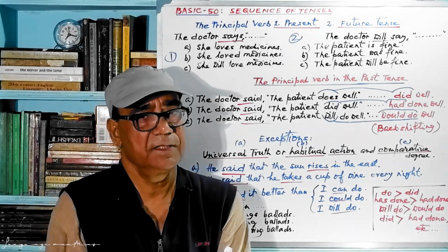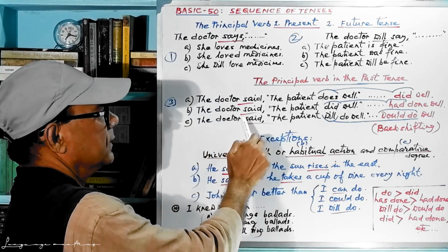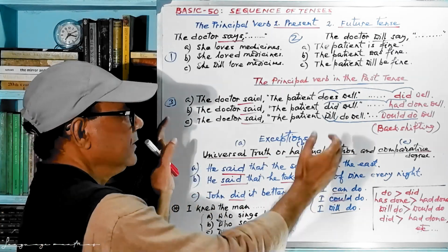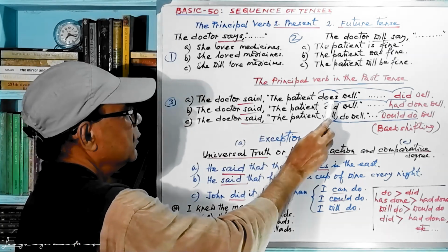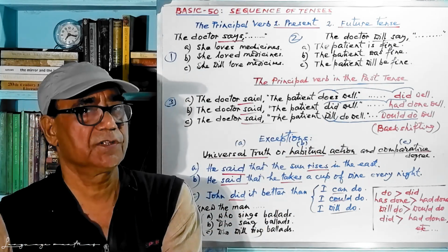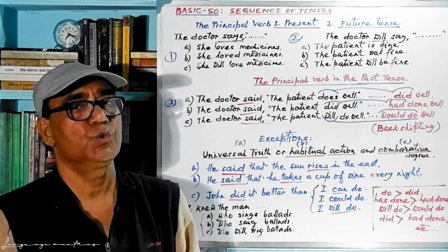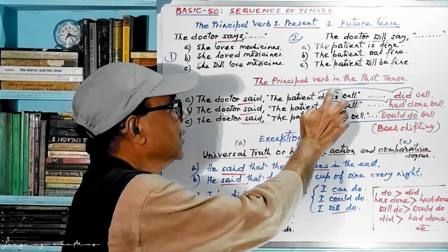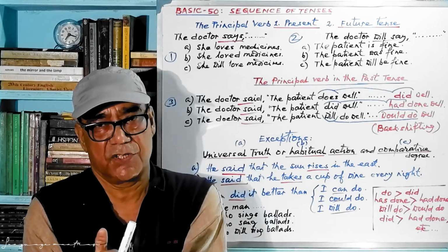Ready? Okay, come. Number 1, the doctor said, quotation mark, the patient does well. Here in the direct speech, we have two verbs. One is said in the past tense and here we have does in the present tense. Now, if you turn it into an indirect speech formation, then this does not exist as such.